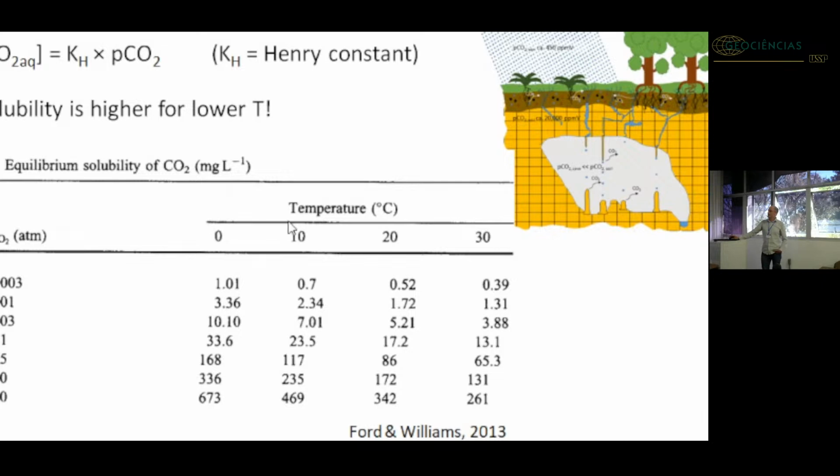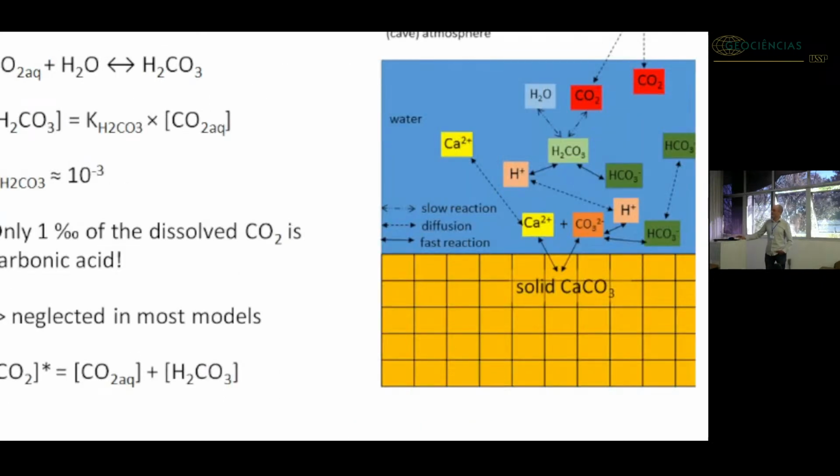Okay. So once the gaseous CO2 is dissolved into the water, it reacts with the water and forms carbonic acid, which is shown over here. Basically, you have diffusion of CO2 into the solution, and then a conversion reaction with the water, and that forms carbonic acid. This is just the reaction constant for the formation of carbonic acid.